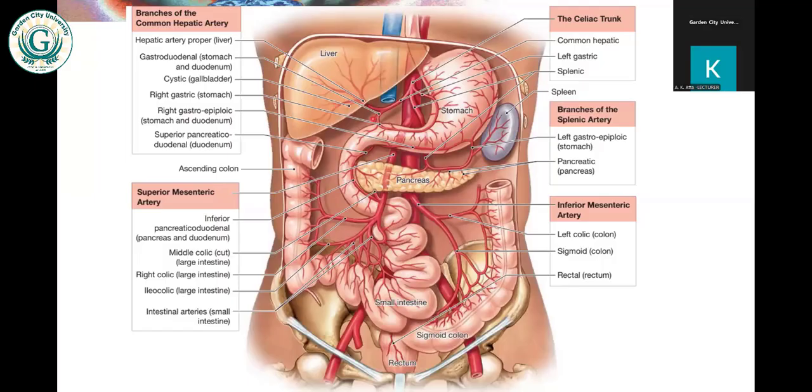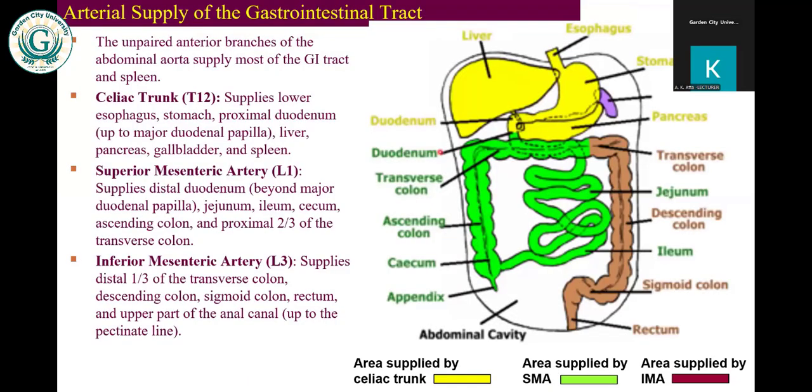Then there's a part of the common hepatic artery that will branch to supply the first part of the duodenum, and the stomach again. So just know that the blood supply to the liver and the derivatives of the foregut is from the celiac trunk. So everything yellow.